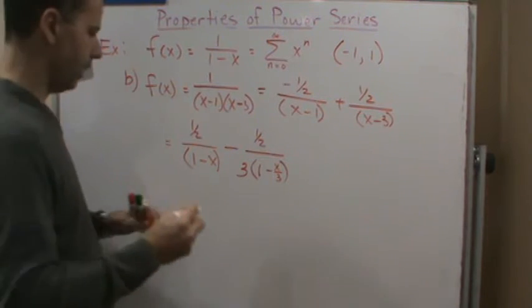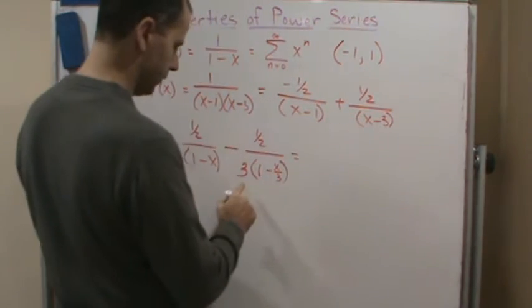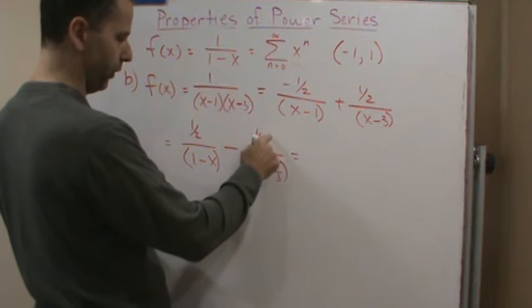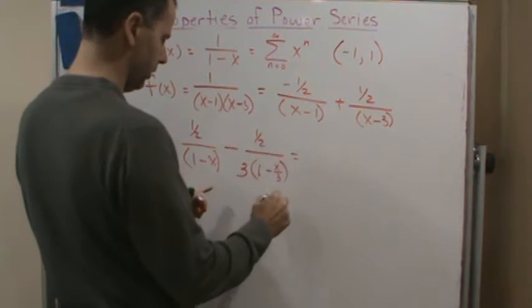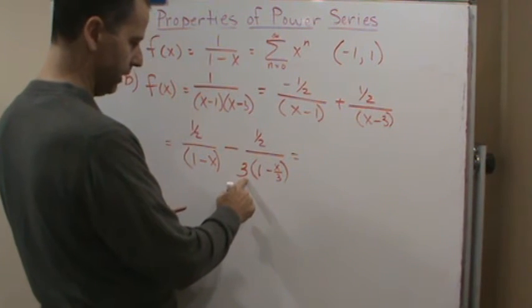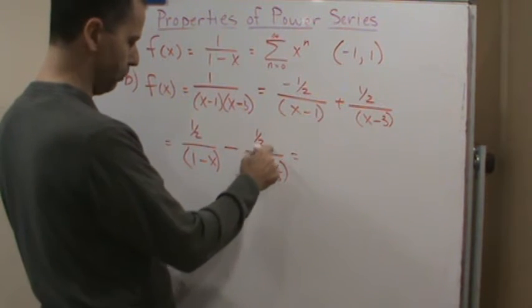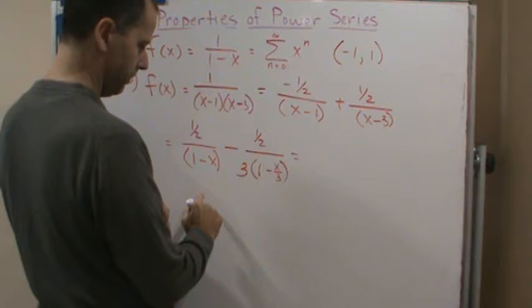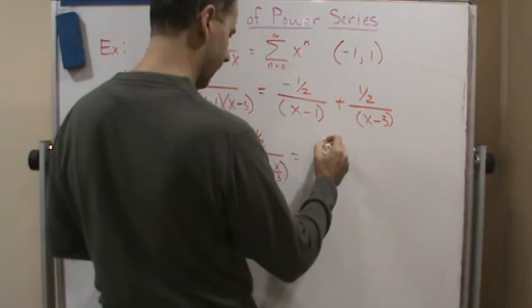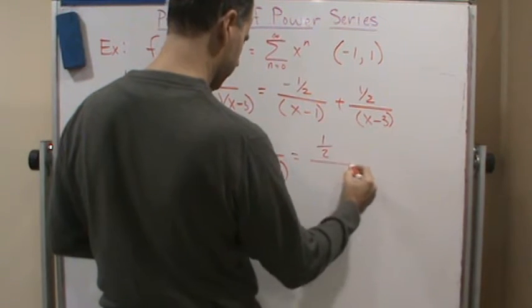Okay, and now what happens? Well, I can't have the 3 there, so I'm going to move the 3 to the numerator. So that's going to be, again, multiplying by the reciprocal of the 3. So this is going to become 1/6. Okay, so let me just write it out here in another step.